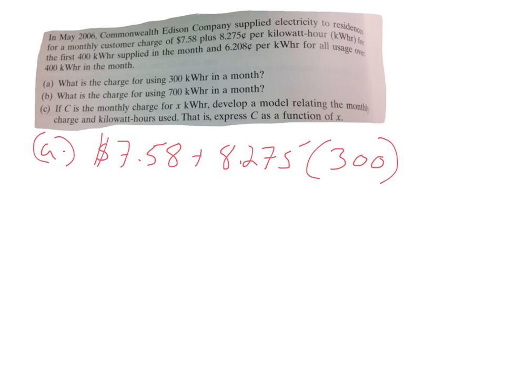What do I have to be careful about here? I've actually already made a mistake. Yeah, they have to be in the same unit. If this is in cents, then this also needs to be in cents. So that's how many cents? 758 cents, right?